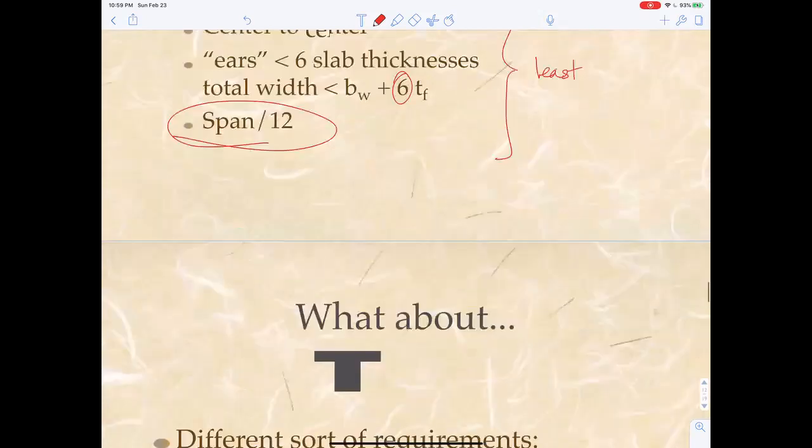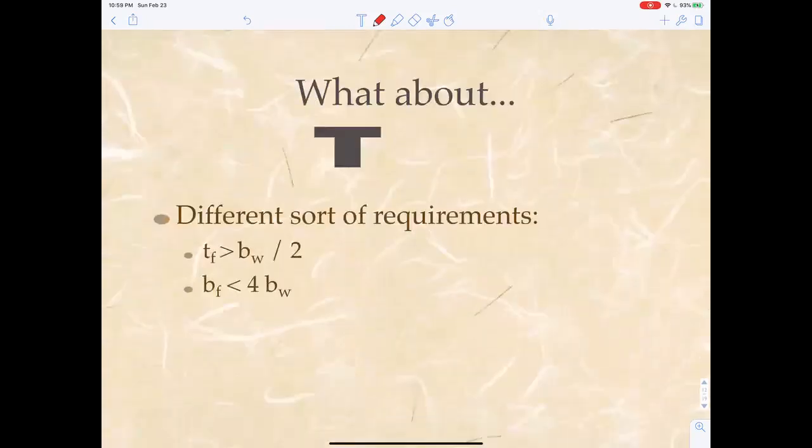Okay, and finally, what if you do have a T-beam that's not part of a slab and beam combination? It has a different sort of requirement. There is a minimum thickness for this if you're going to build something like that.